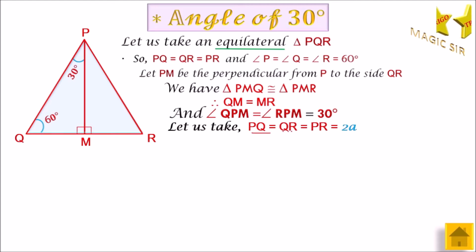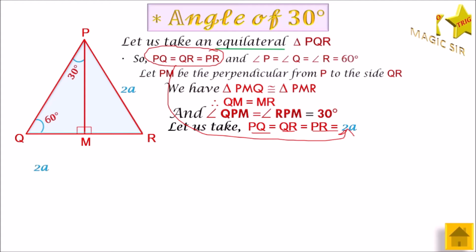Let us take PQ equal to QR equal to PR equal to twice A, because all are the same.